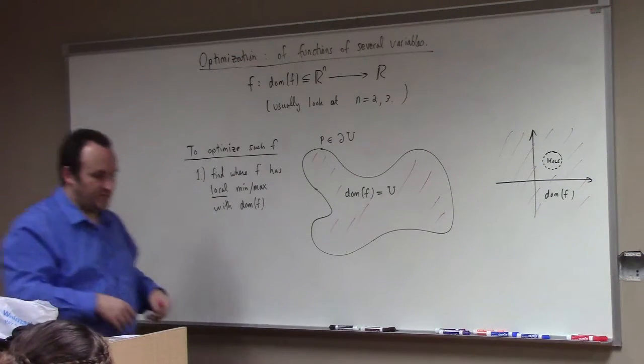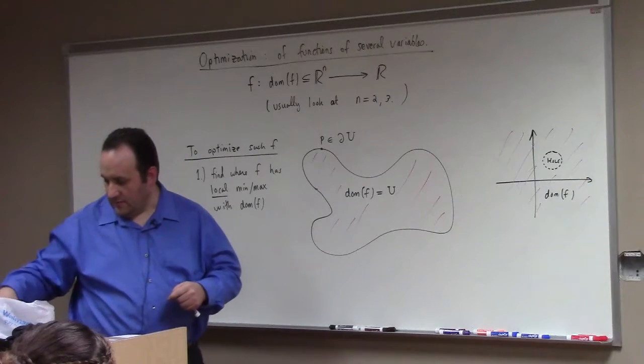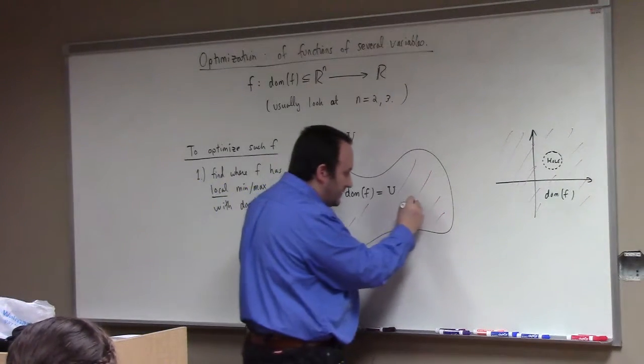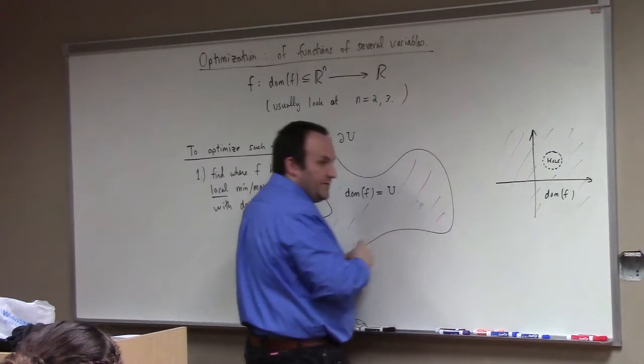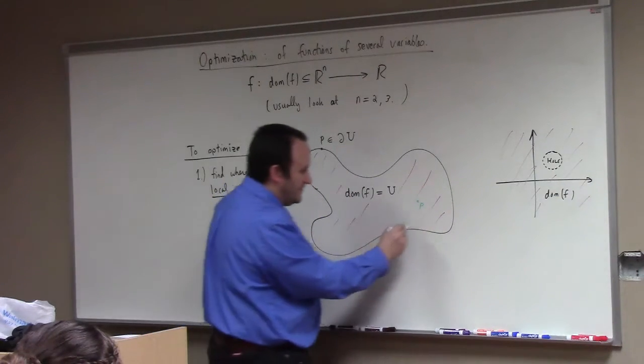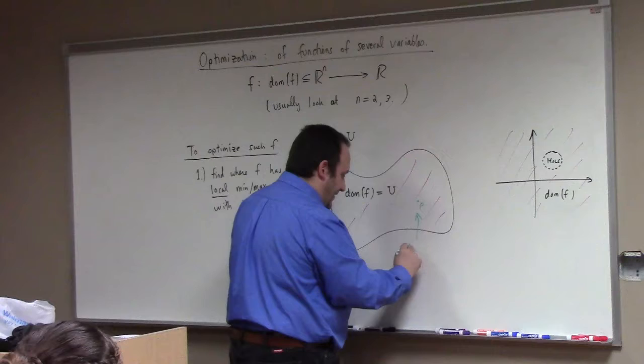For the sake of discussion, it could be that this point right here, this point P, if this was a local max, what would that mean?